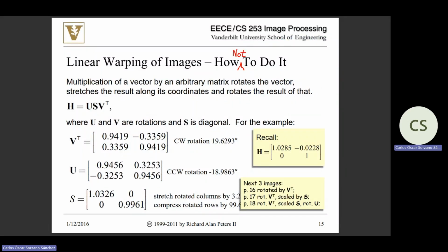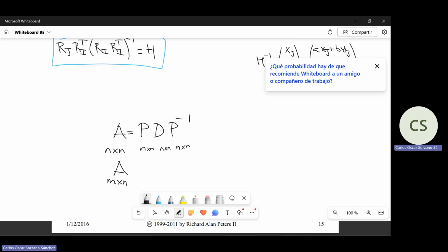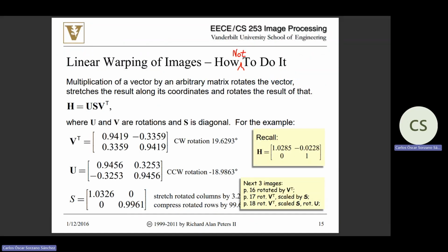The singular value decomposition is kind of similar. These two matrices are now decoupled. In the eigenvalue decomposition, it is the same matrix that is inverted, but in the singular value decomposition they are decoupled, so this matrix and this matrix are different. And then we have a diagonal matrix in between.